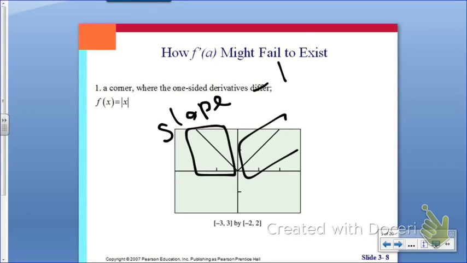The slope on the other side of the function was positive 1. And the one-sided derivatives then would differ. Therefore, a corner is what we call it for an absolute value function where the one-sided derivatives are going to differ.